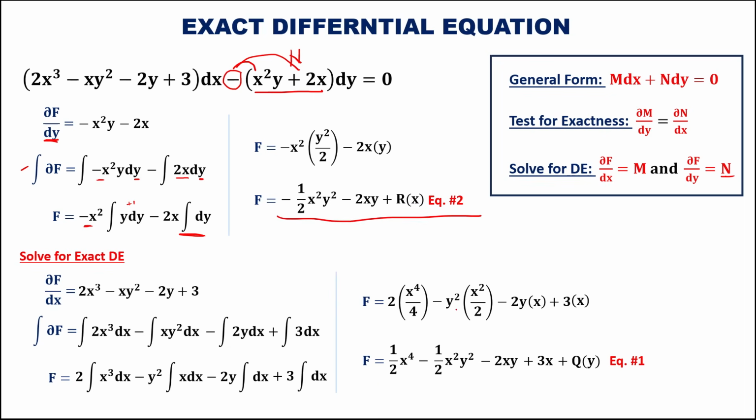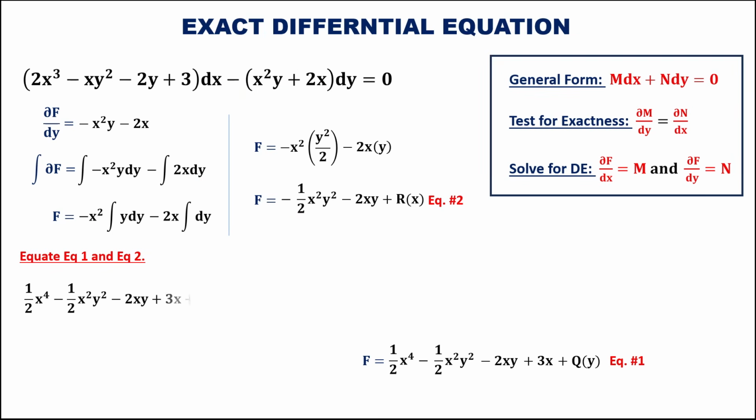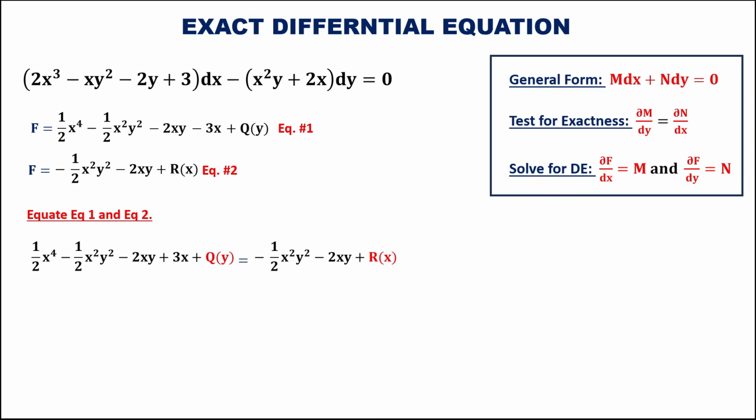Then this time, we need to equate or combine these two equations, equation 1 and equation 2, to solve for qy and rx. So equation 1 equals equation 2. Now from this, we need to cancel the same values on the left side and on the right side.